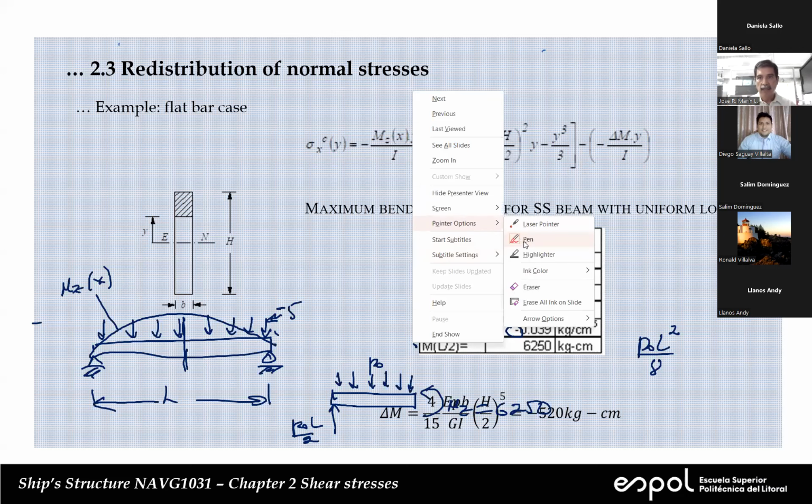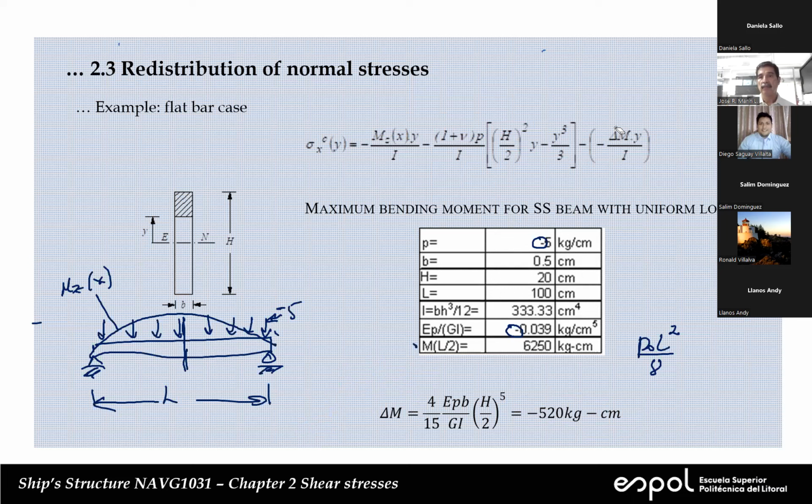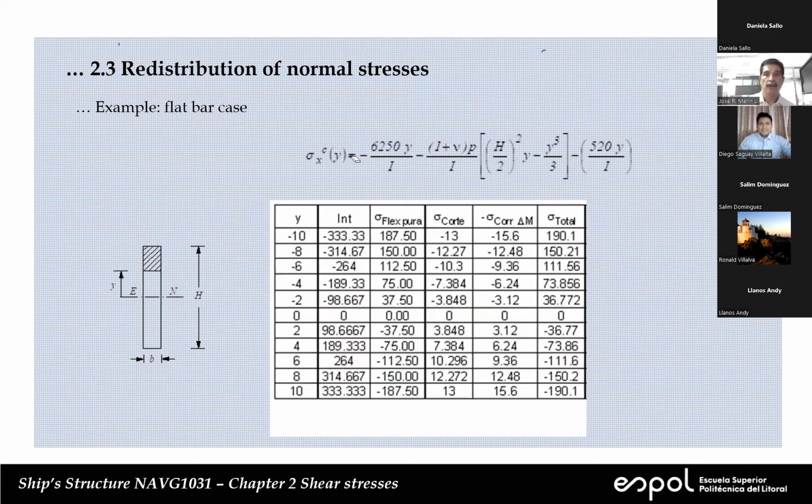Okay, so I replace this into here, and we can evaluate all of this expression. So this is the result of the evaluation. Okay, up here I have the three terms completely evaluated. Okay, so this is the bending moment, y over I. This is the integration of the shear correction. And this is delta M.